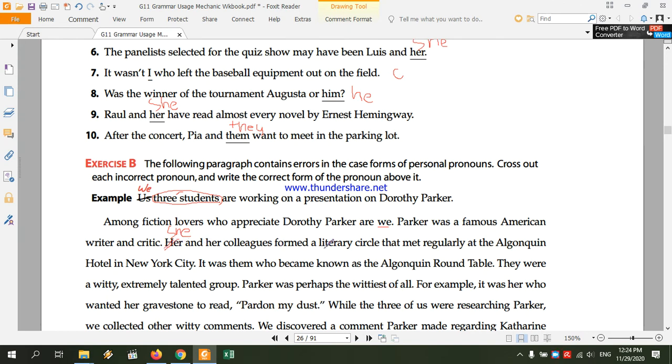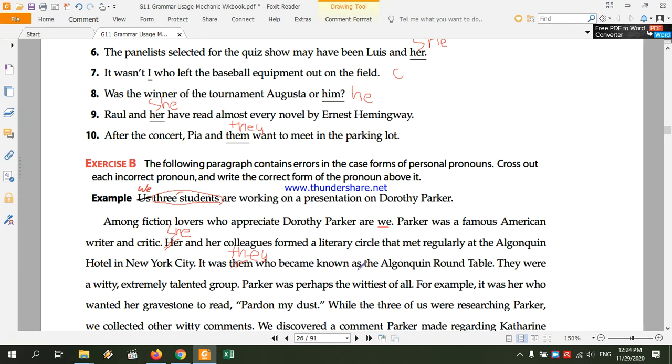She and her colleagues formed a literary circle that met regularly at the Algonquin Hotel in New York City. It was them should be it was they, also in the nominative case. Let's cross out them.